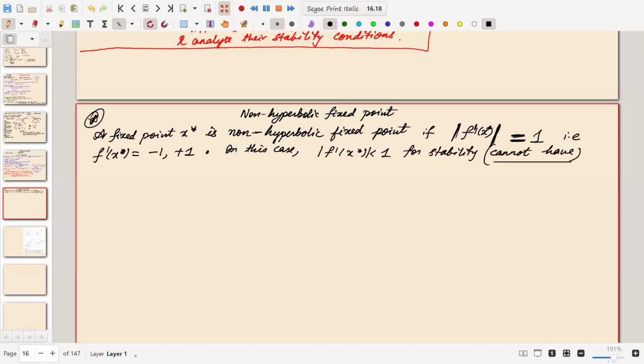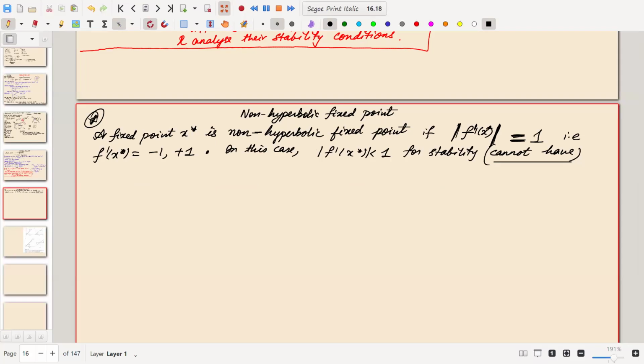Agree? So how can we decide the stability of these fixed points? Any ideas? This turns out to be very complex, actually. And I was thinking, shall I give this to you directly? I want to make it very natural to you.